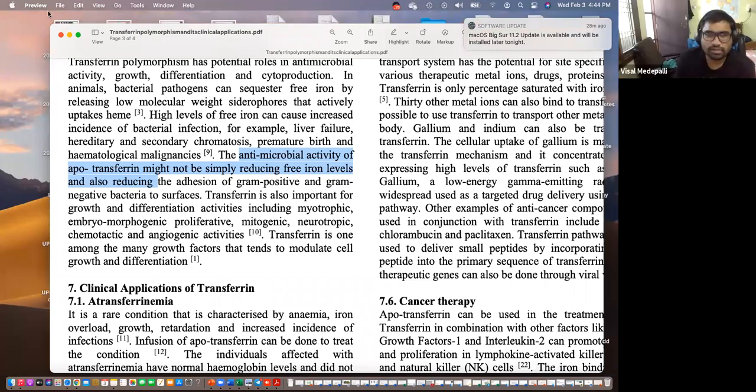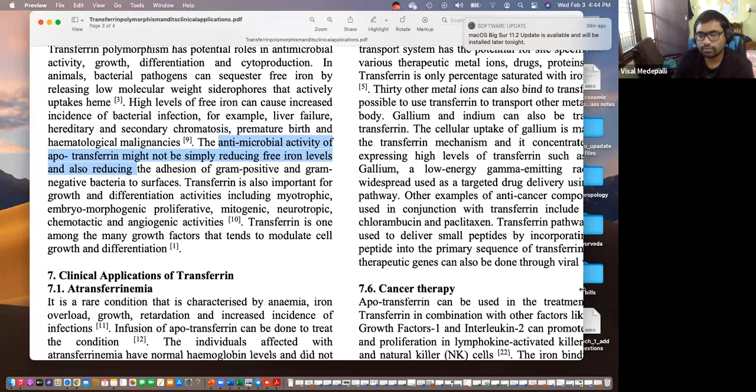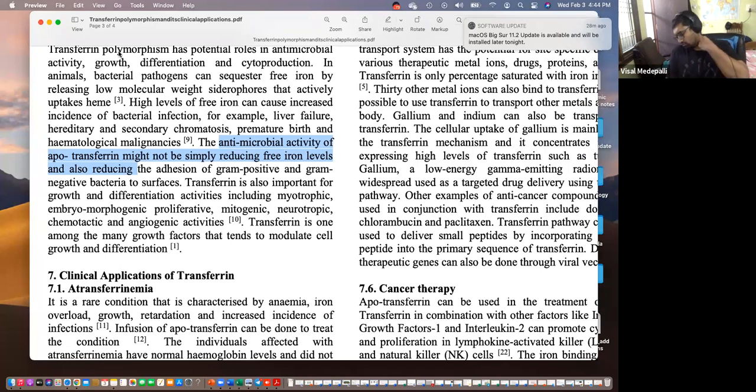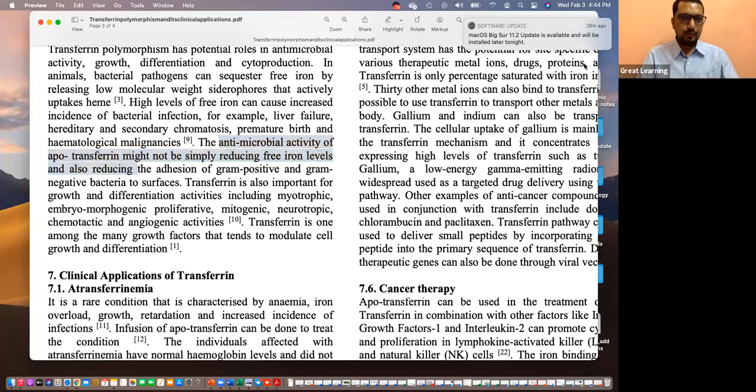Can you repeat the points? What we could write? Yes, I will. So I'm showing this here as well: the antimicrobial activity of apotransferrin. It has antimicrobial activity, meaning it can kill microorganisms. How? The common understanding is it reduces the free iron levels, which are a requirement for bacteria or microorganisms to grow.